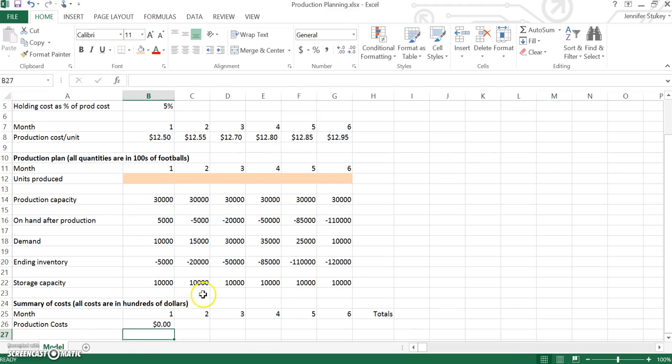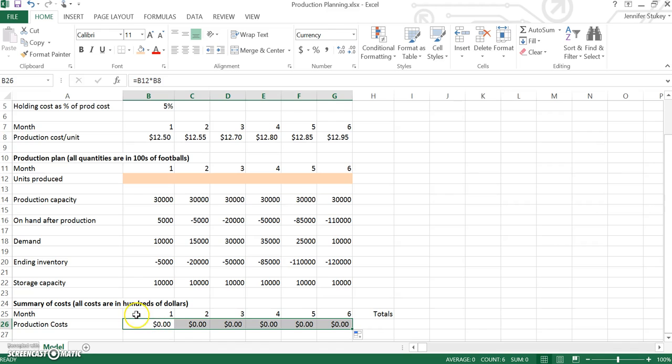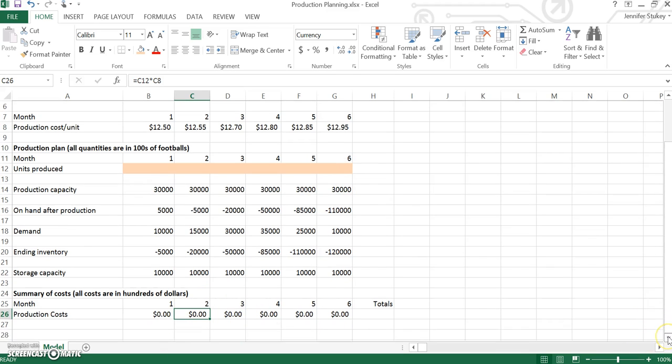Okay, and you copy and paste that all the way over again. So you're multiplying the number of units by what it costs to produce them. In month 1, you're doing B12 times B8. In month 2, you're doing C12 times C8. And again, these are all coming up as zeros because there's nothing plugged into those numbers yet.